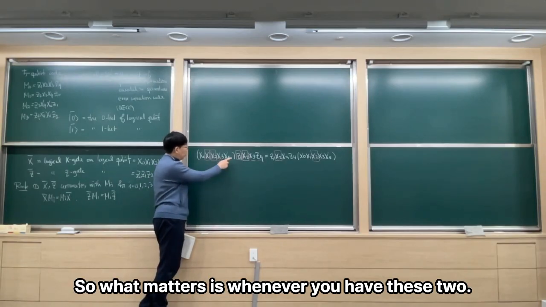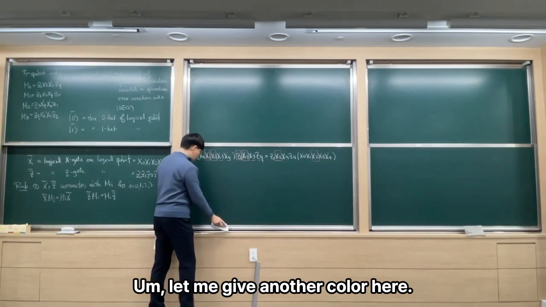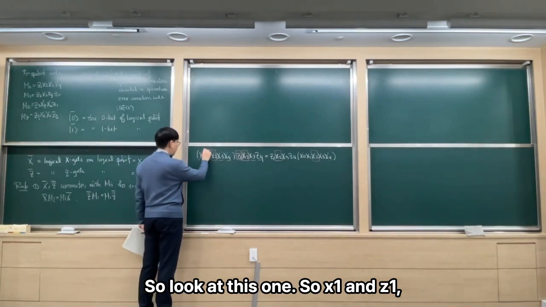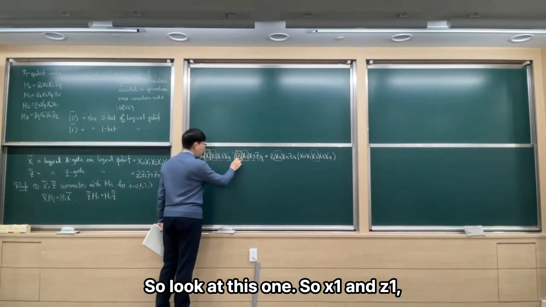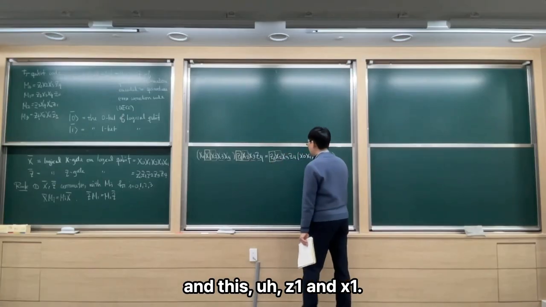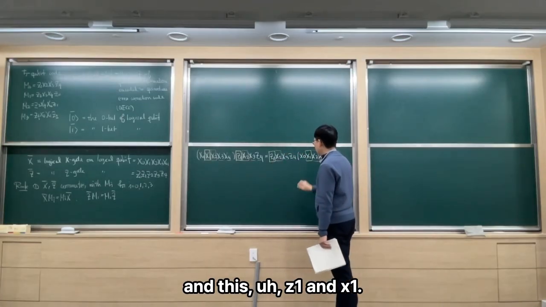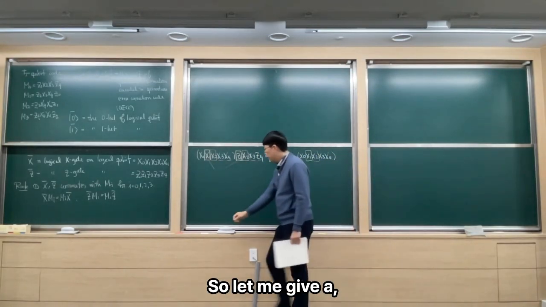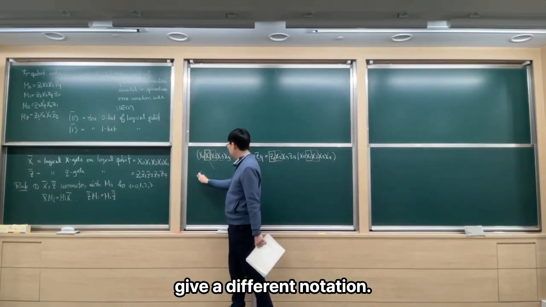So what matters is whenever you have these two. Let me give another color here. Look at this one: X1 and Z1, and this Z1 and X1. Let me differentiate them.